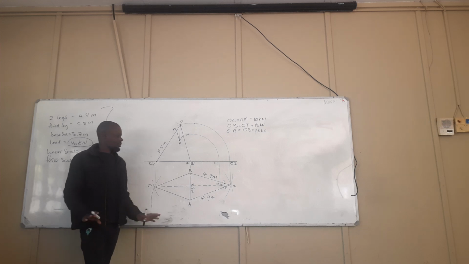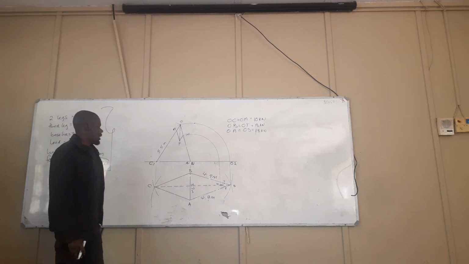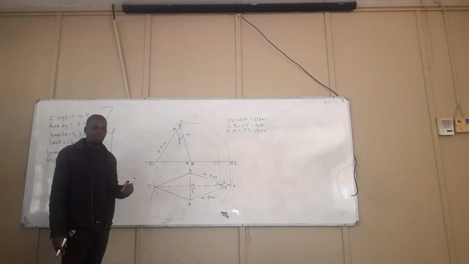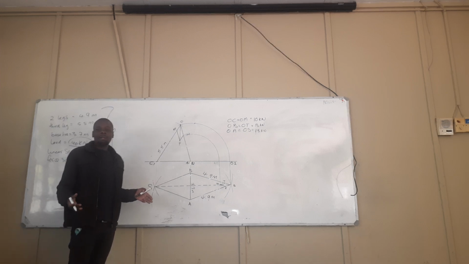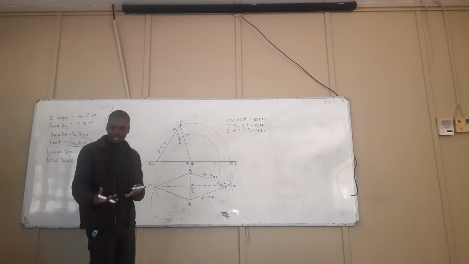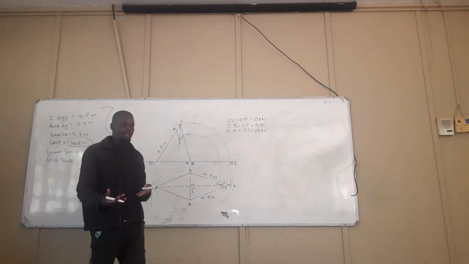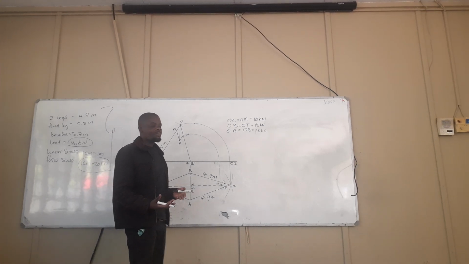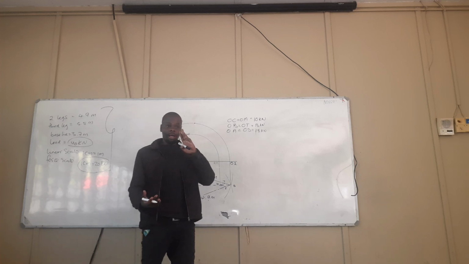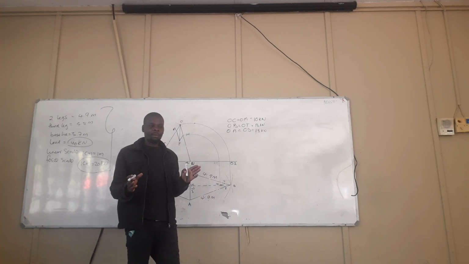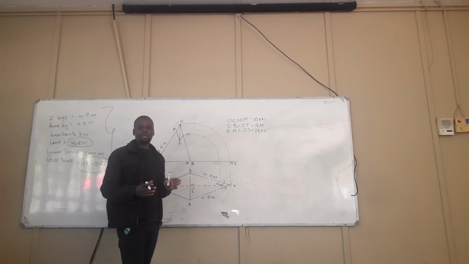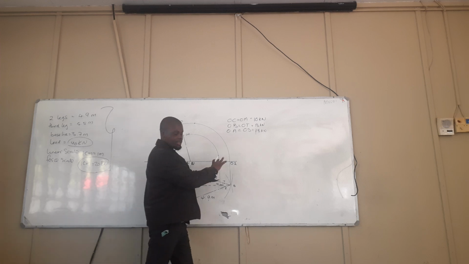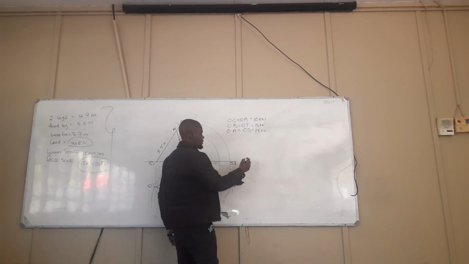So that is all about the tripod. In the next class we are going to do a shear leg, more or less similar. A shear leg has two legs that are equal, but the third leg is very long, and we call it a backstay. I'm just going to illustrate what I'm trying to explain.